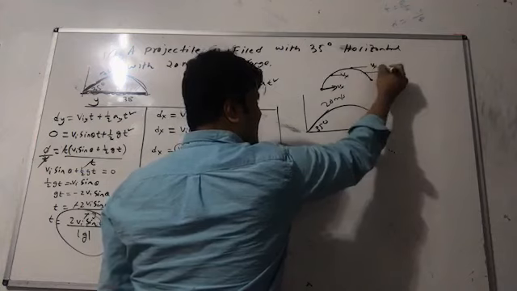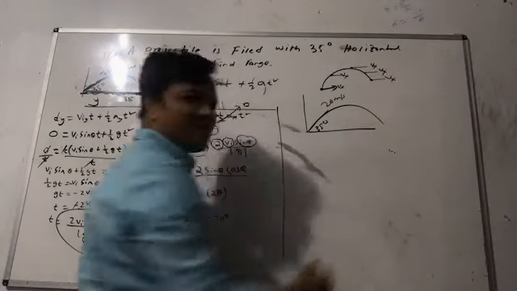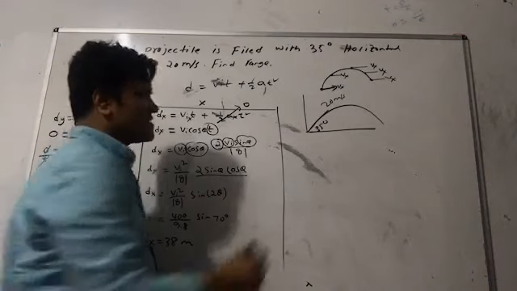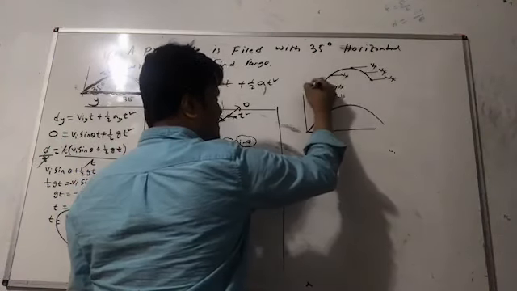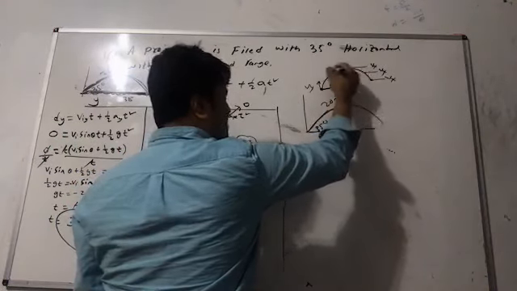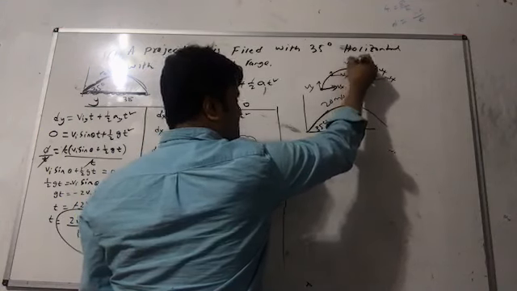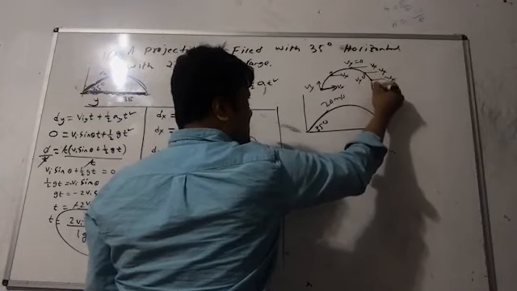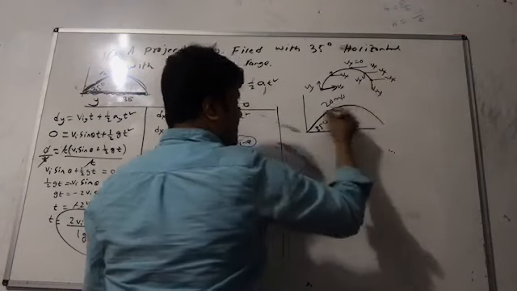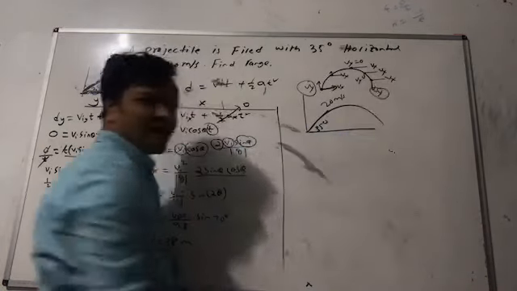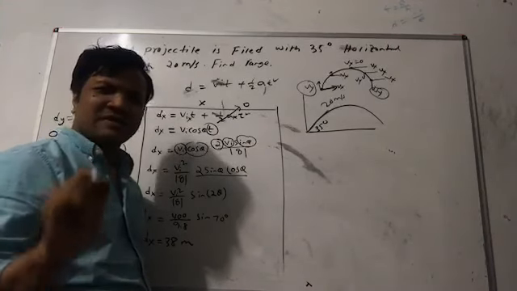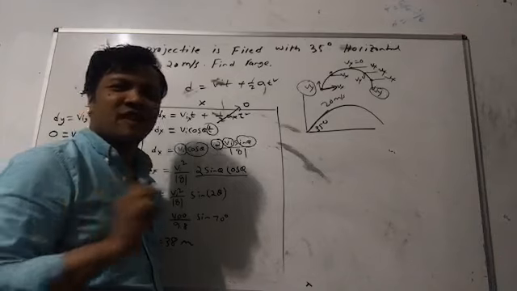Vx never changes, the velocity in the x direction never changes, but the velocity in the y direction keeps changing. So Vy is 0 at the top, and then this is Vy. This Vy and this Vy are the same in magnitude but opposite in direction. That's the factor you're going to use right now.